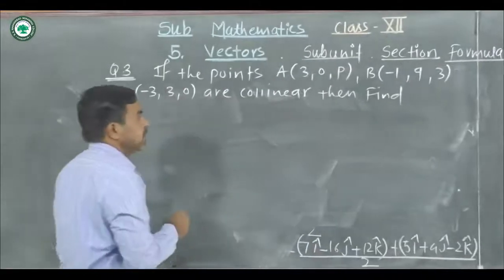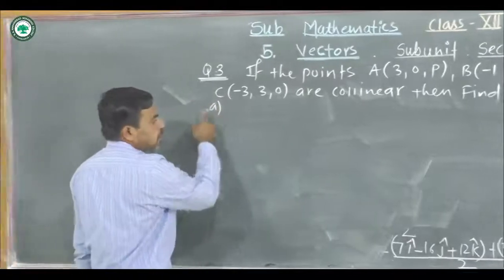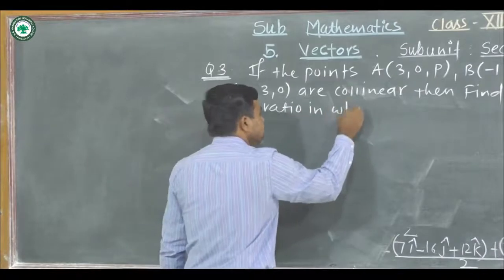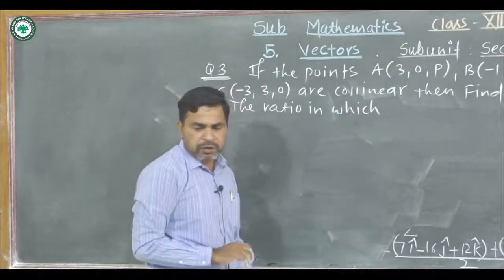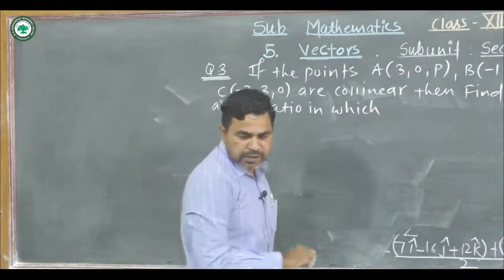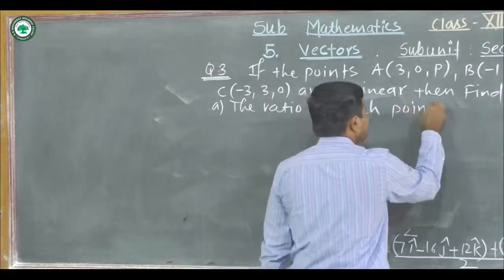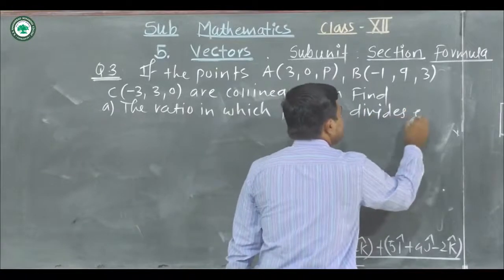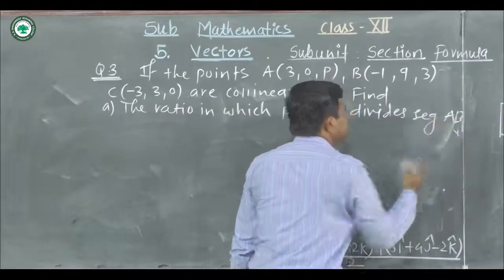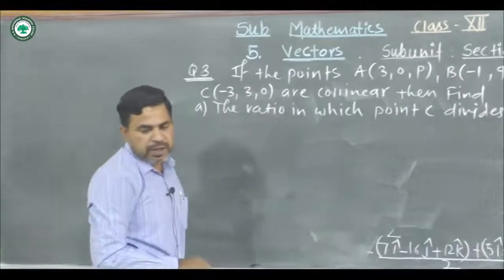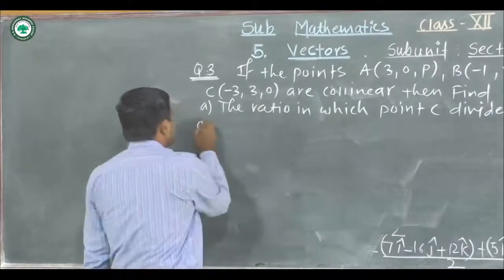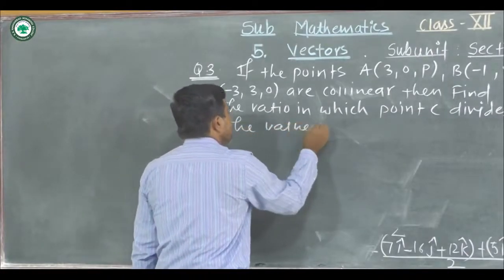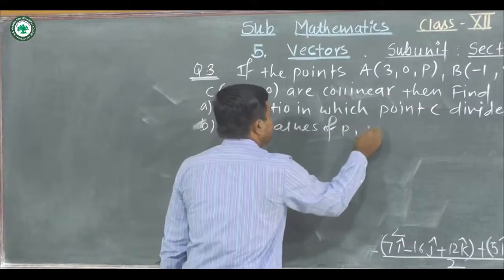There are two sub questions in this question. Then find, first one, the ratio in which point C divides segment AB, and the second sub question, that is, the values of p and q.